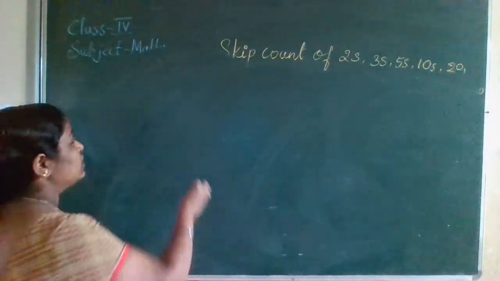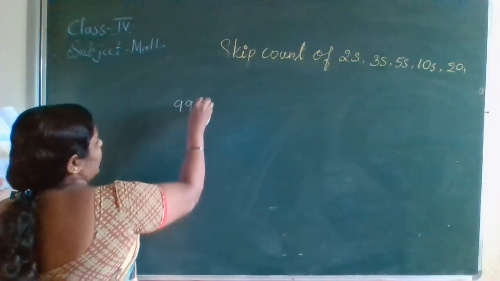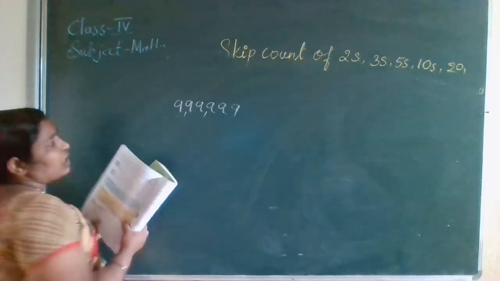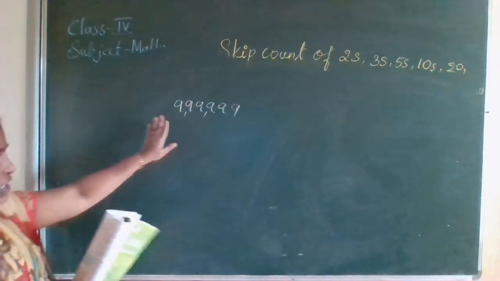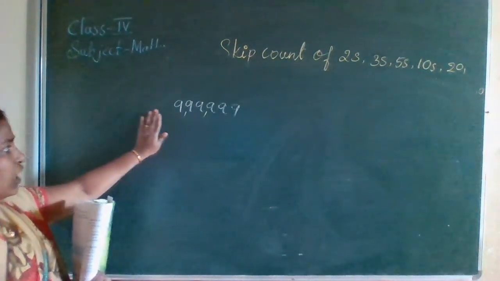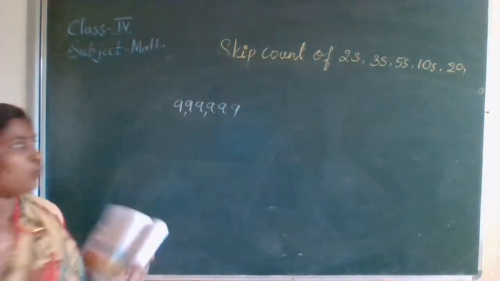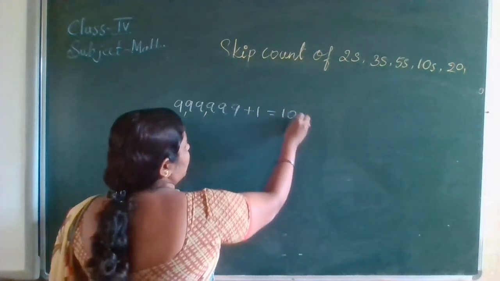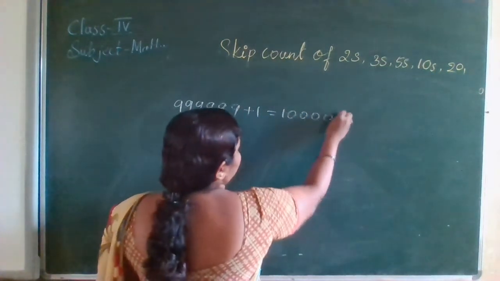Just see this, 6 digits: 9,99,999. This is a 6-digit number. Write the successor of it. What will it become? If we do plus 1, it will become a 7-digit number.